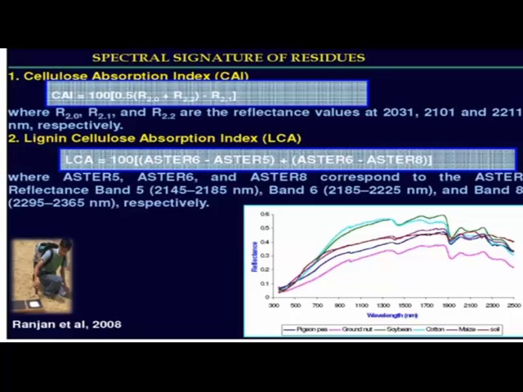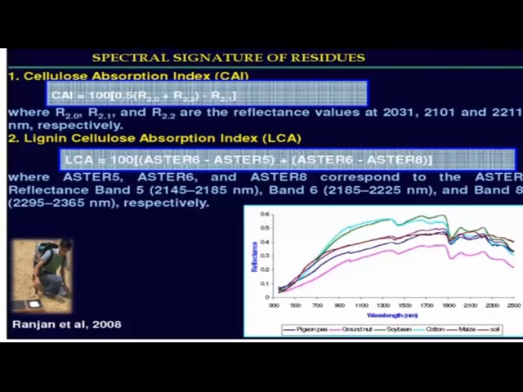So having this spectra, one can also quantify the lignin and cellulose content in all these residues. Looking at these wave bands, one can quantify the cellulose absorption index, and also the lignin cellulose absorption index, which can be used on a spatial scale for carbon sequestration.